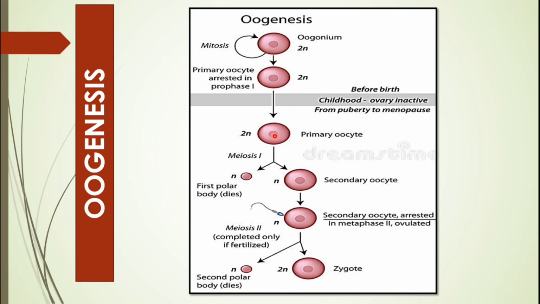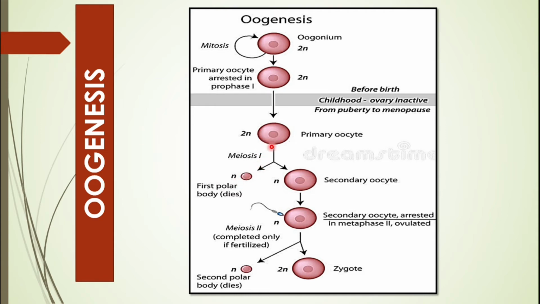We begin with the primary oocyte, because within the ovarian follicle lies a primary oocyte. This primary oocyte, which is diploid in number, undergoes meiosis 1. I mentioned how the primary oocyte undergoes reduction division, and as a result we have a secondary oocyte and another small cell developing.